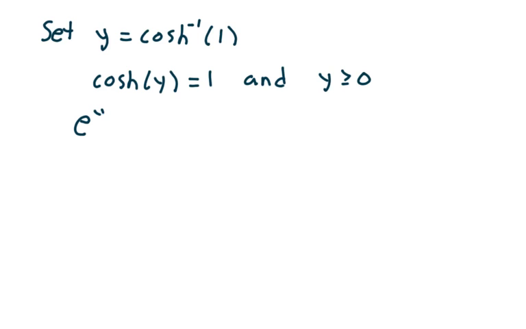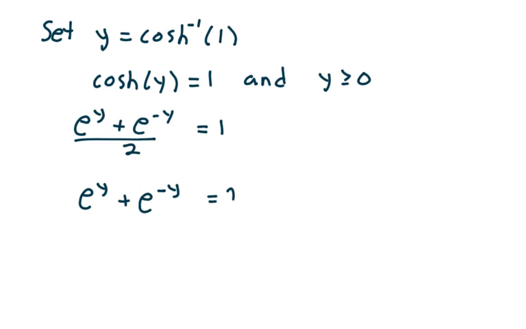Now, this says e to the y plus e to the negative y divided by 2 is equal to 1, like so. So e to the y plus e to the negative y is the same as 2. And I'm going to multiply both sides by e to the y.